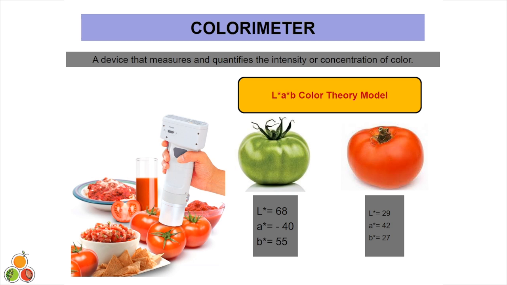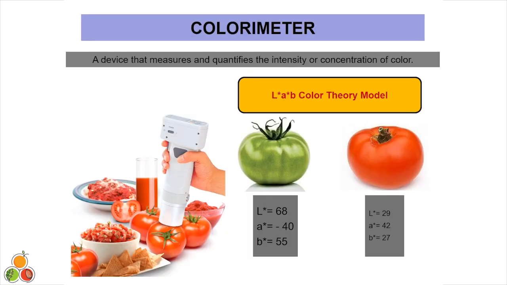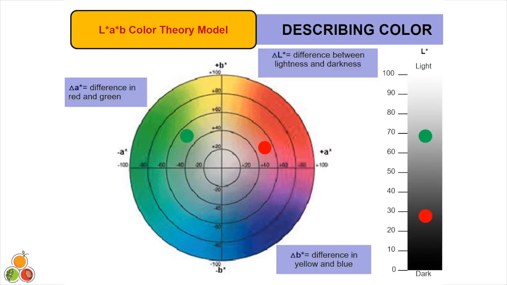Probably the only ones that are slightly close is that B value, and the reason why is because it's the difference between yellow and blue. But if we look at green and red, an A value of minus 40 and a B value of 42. So big distinction. Okay, so now we can start defining color or describing color.